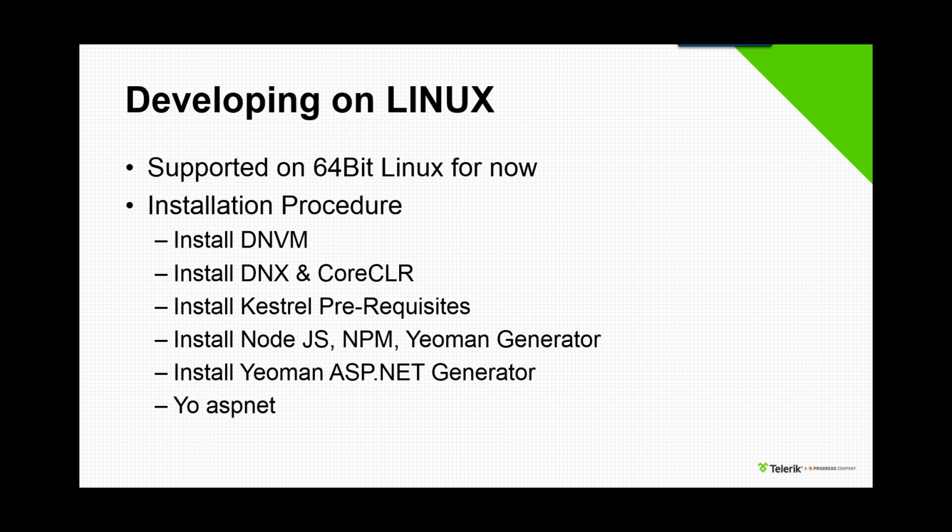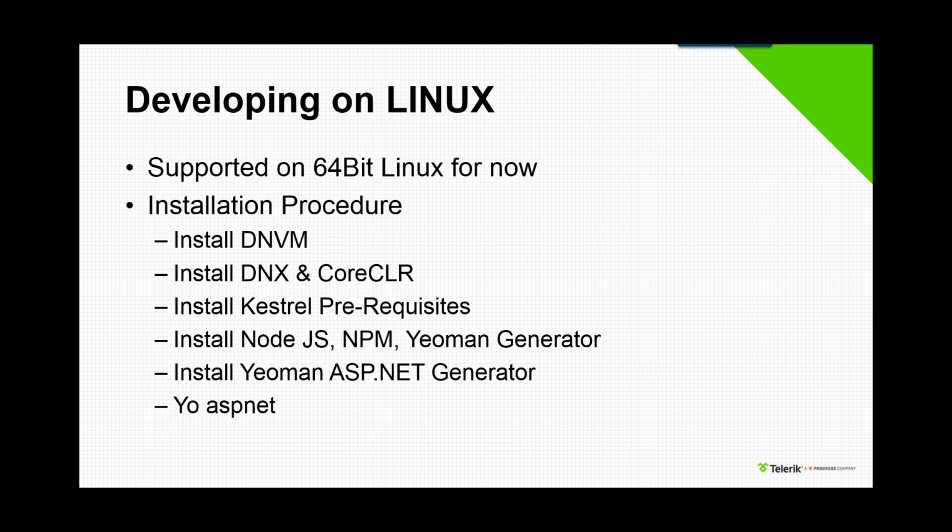So remember, on Linux you don't have a Visual Studio which can do File, New Project. So what do you do? The community came up with a fantastic idea. Yeoman is nothing but a code generator. So they said, well, let's use Yeoman, and we will scaffold an ASP.NET Core 1.0 MVC application, right?